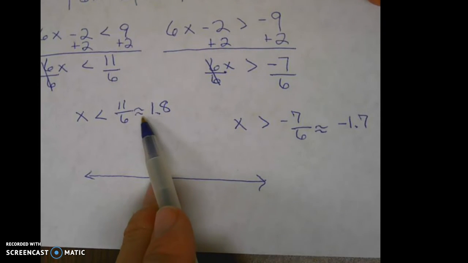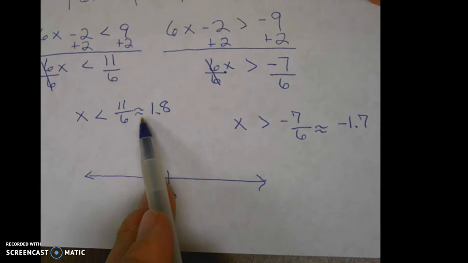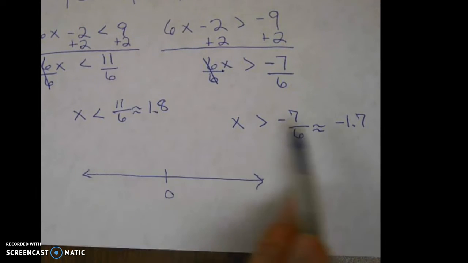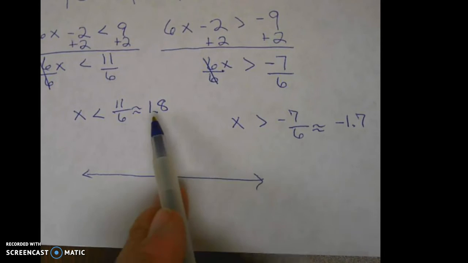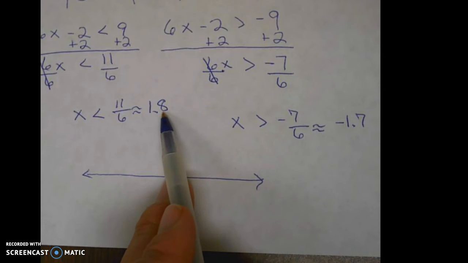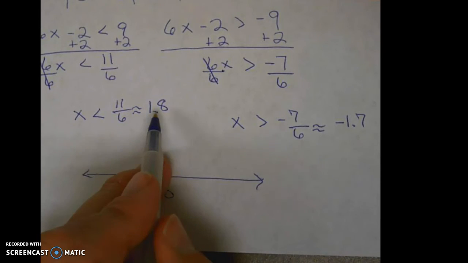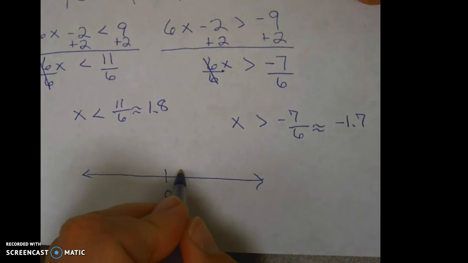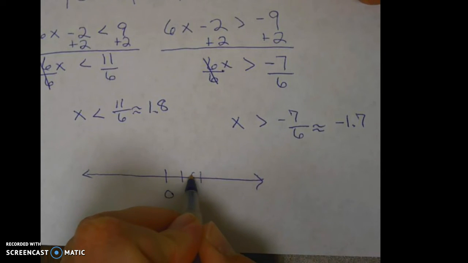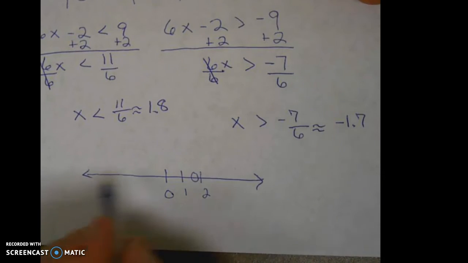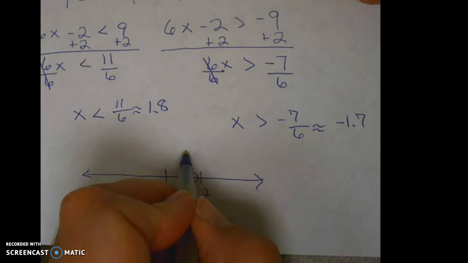Now notice I used an approximation symbol because these both turned out to be repeating decimals, so I went ahead and rounded to the nearest tenth. So we need a dot at 1.8. That's going to be approximately right in here between 1 and 2. That's 11/6.